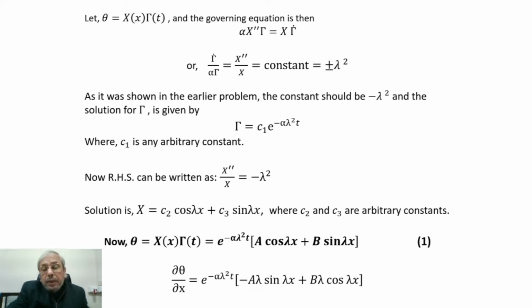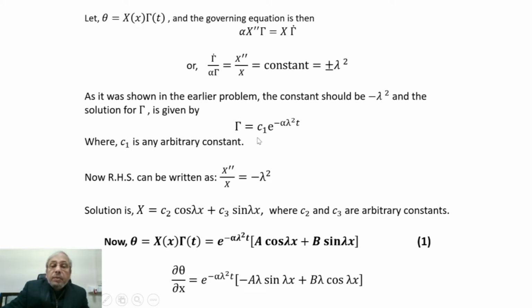Now if you recall our previous analysis, since the temperature is decreasing with time, the solution arising out of the time dependent part will have the form C1 e to the power minus alpha lambda squared t. So minus lambda squared as the separation constant will fulfill this condition.